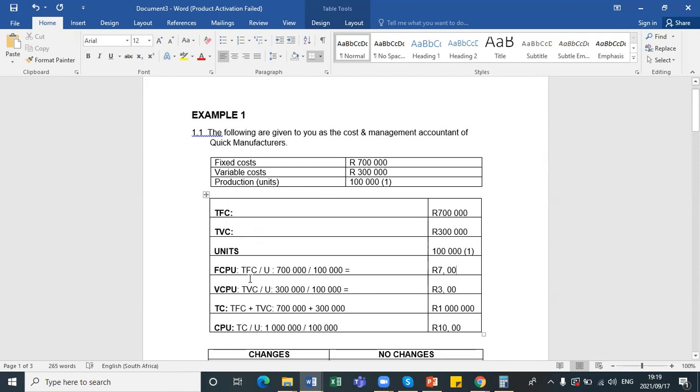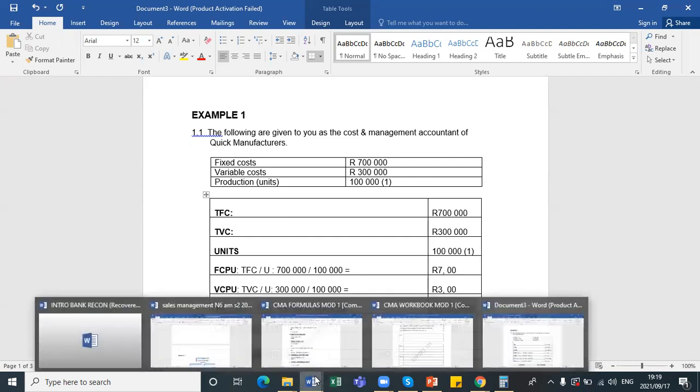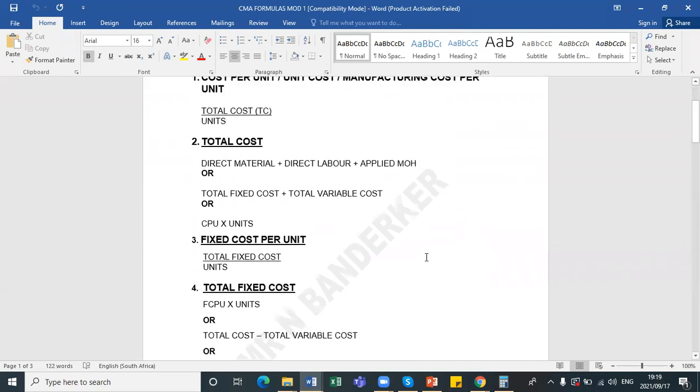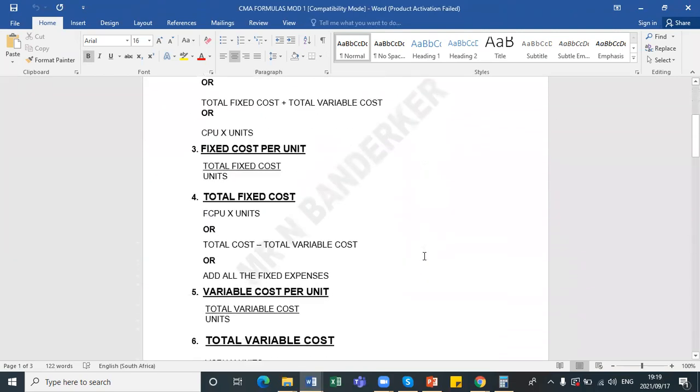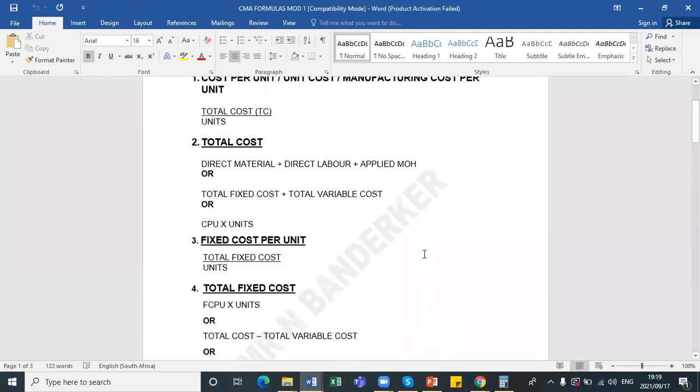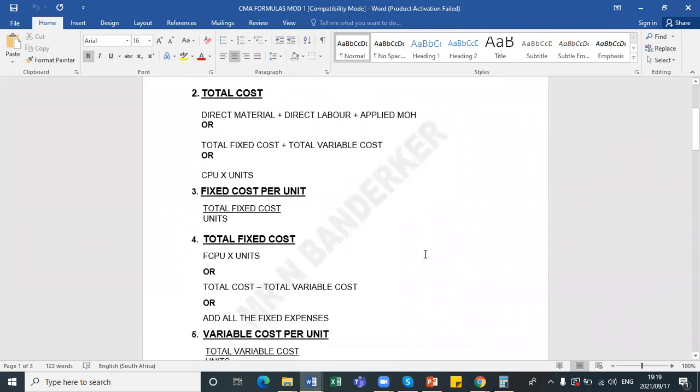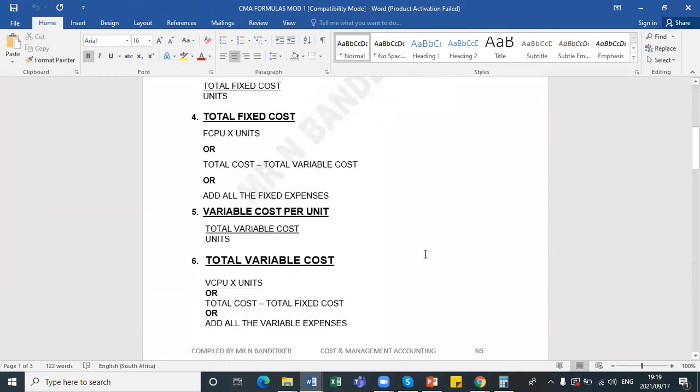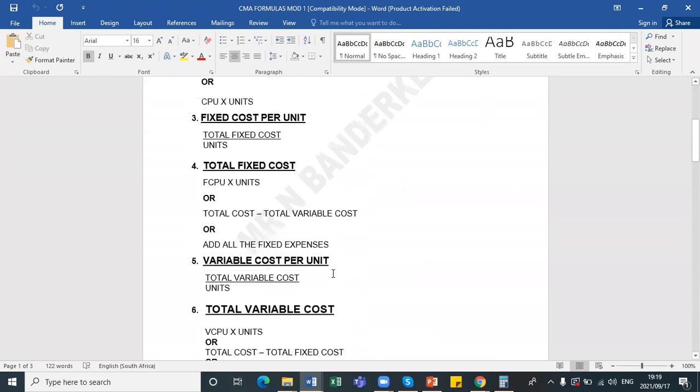Then total cost. Now with total cost, there's 3 formulas. And like I said earlier, you can only use one of the formulas. Now, I've attached the formula sheet here. A formula sheet is there as a quick check instead of going through the notes. And there is total cost. There are 3 formulas. We can't use all 3 at the same time.